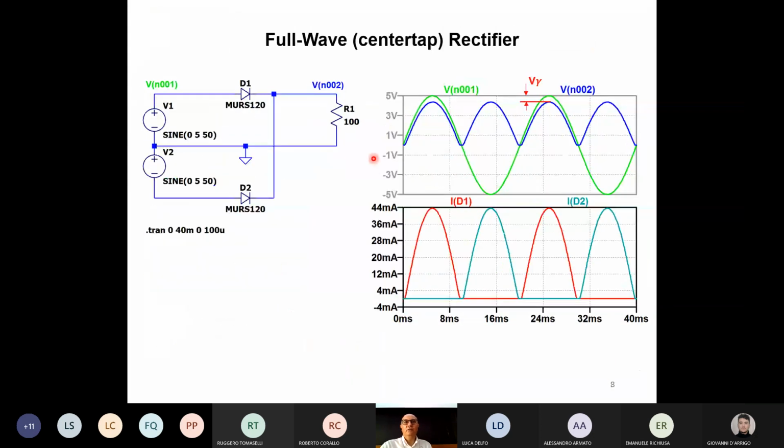Here. You already saw that the voltage on the diode, on the resistor, and on the capacitor was going up and down 2 times per each cycle. Just because this diode D2 in some way is mirroring the negative wave into a positive wave. It's reflecting the wave.